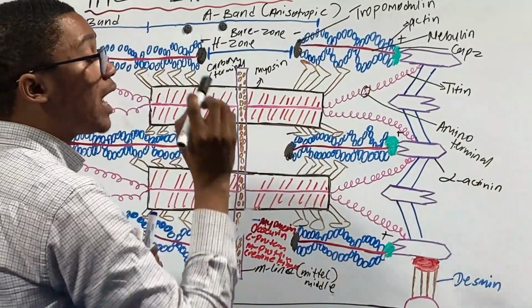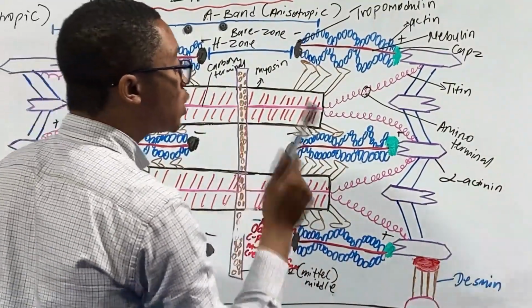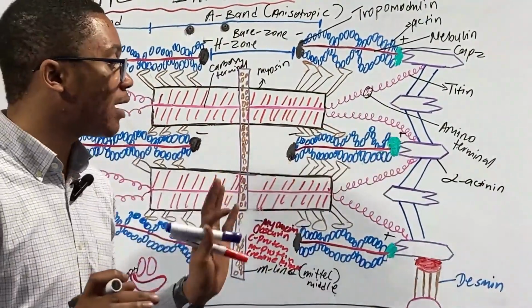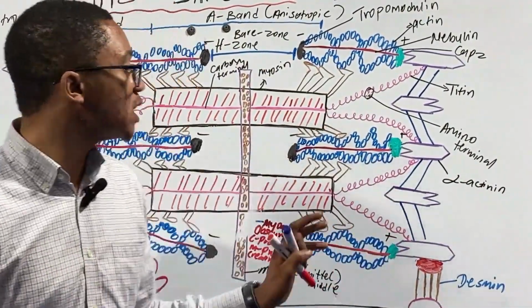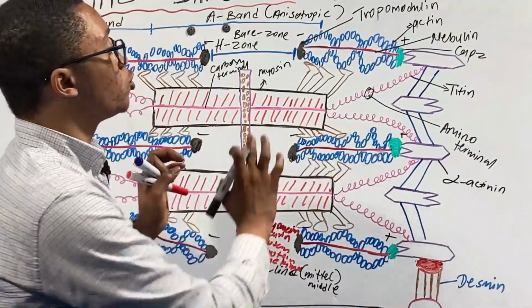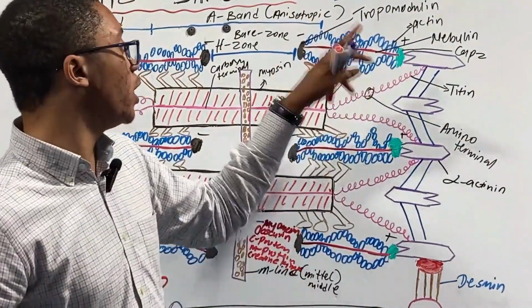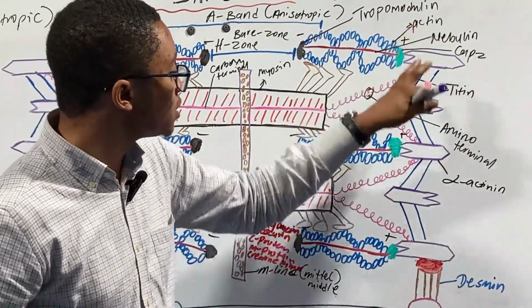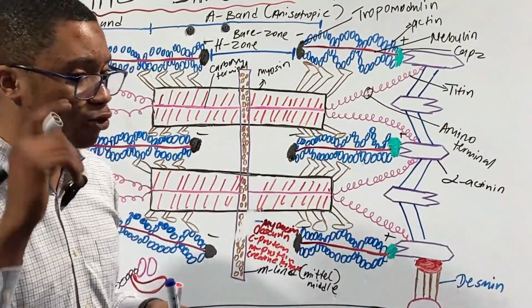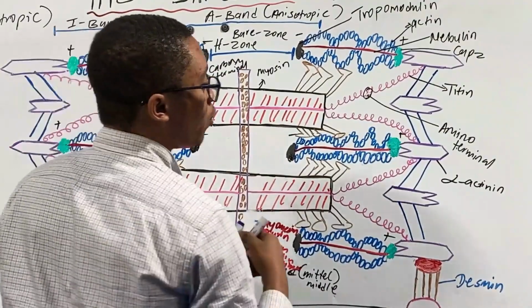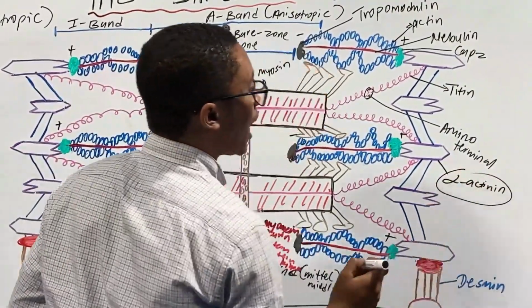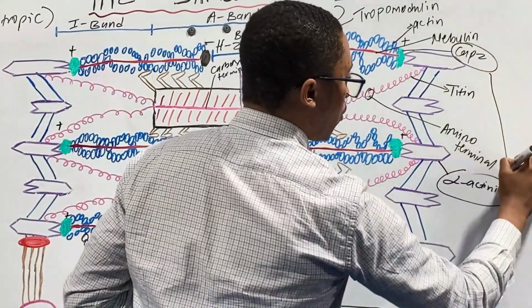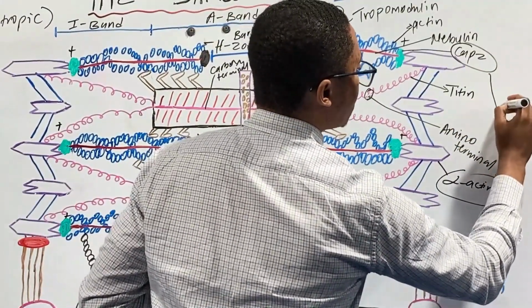What alpha actinin does is that it connects the actin to the Z disc, just from its name. So this whole system, both the nebulin, the CapZ, and everything, it connects them to the Z disc. So the proteins of the Z disc are alpha actinin and CapZ.